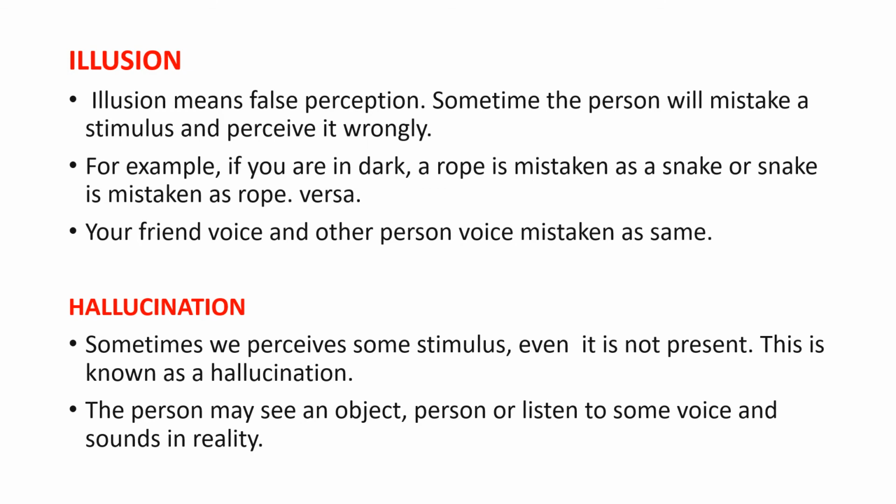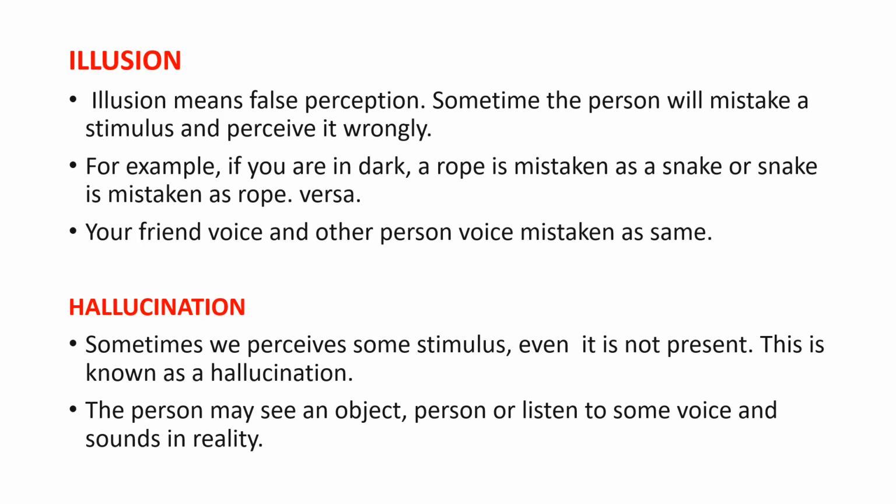You are in a dark place, and if you see a rope, sometimes you will perceive the rope falsely as a snake. Vice versa also will happen. Sometimes you will think a snake is a rope. That is illusion, an error which we can see in perception.